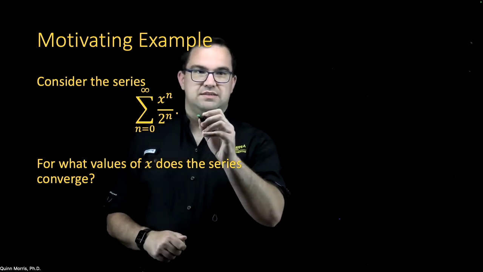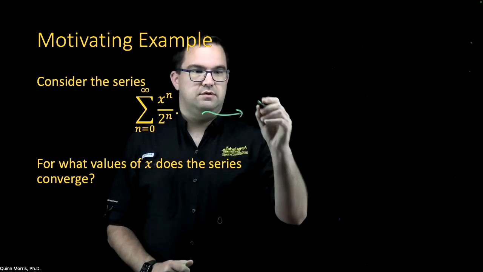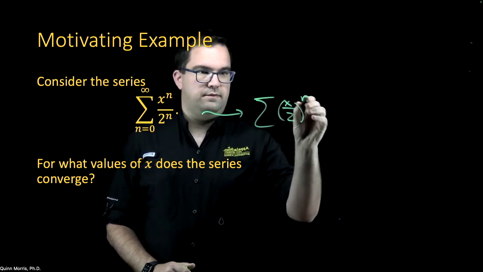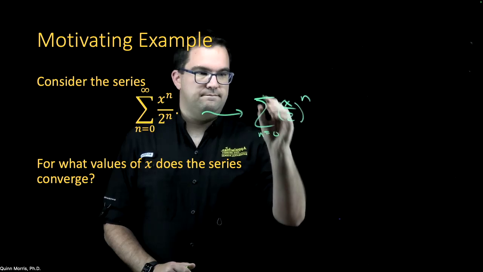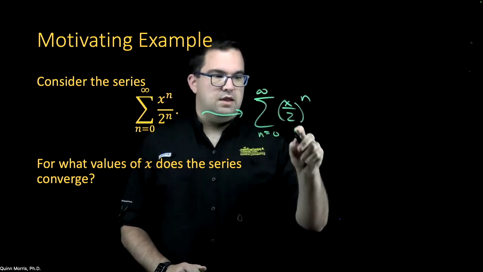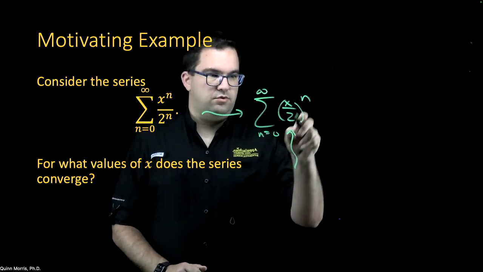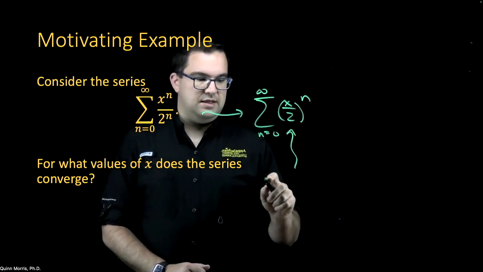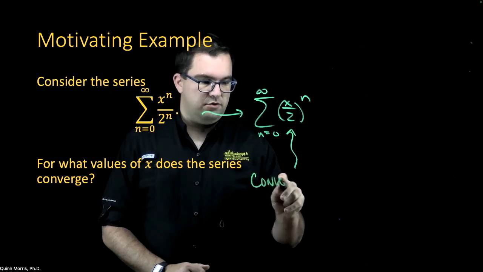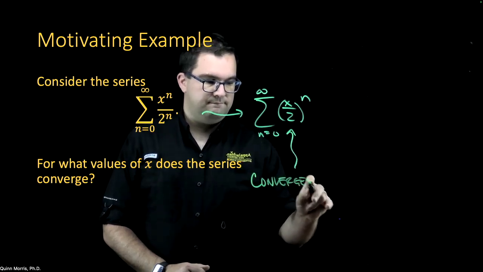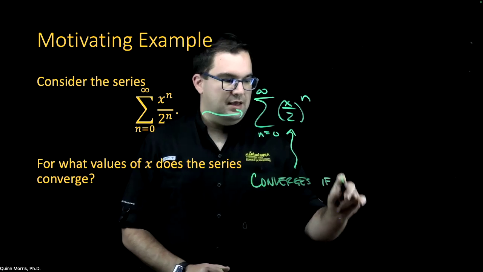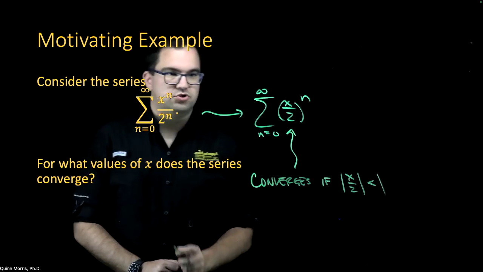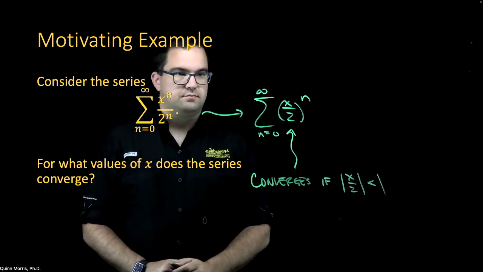Well, again, if I look at this series, this is really just (x/2) to the n. And I know for any fixed value of x, this is a geometric series. And so I know that this will converge if the absolute value of x divided by 2 is strictly less than 1.